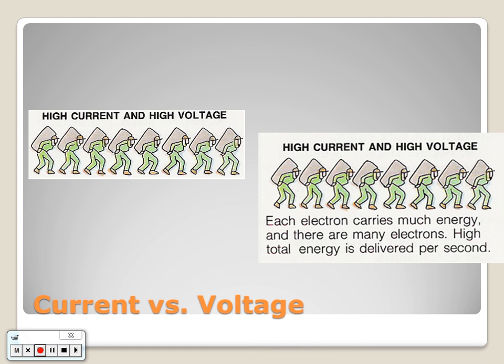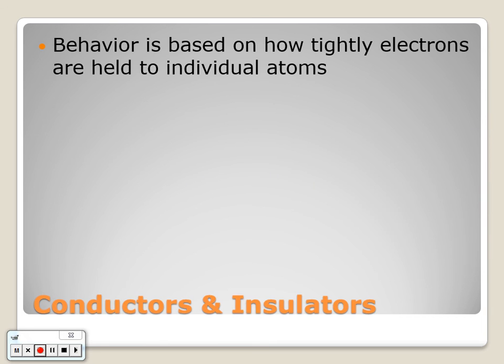But just because we have a force doesn't necessarily mean electrons move. What else do we need to carry that electron from the high energy part of the battery to the low energy part of the battery? You've got to have a conductor. You have to have something for those charges to move through. So we talked about conductors and insulators, what makes something a good conductor, and what makes something a good insulator.